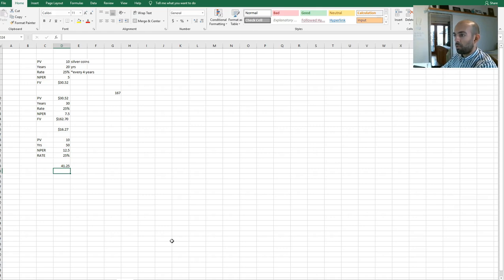So he would end up with 41 pieces of silver over that 50-year time frame. Whereas in this case, we had put that interest to work for him, he ended up with 162.7. So let's look at how much more he ended up with. 162.7 divided by 41.25. About 4 times more by having that interest work for him.